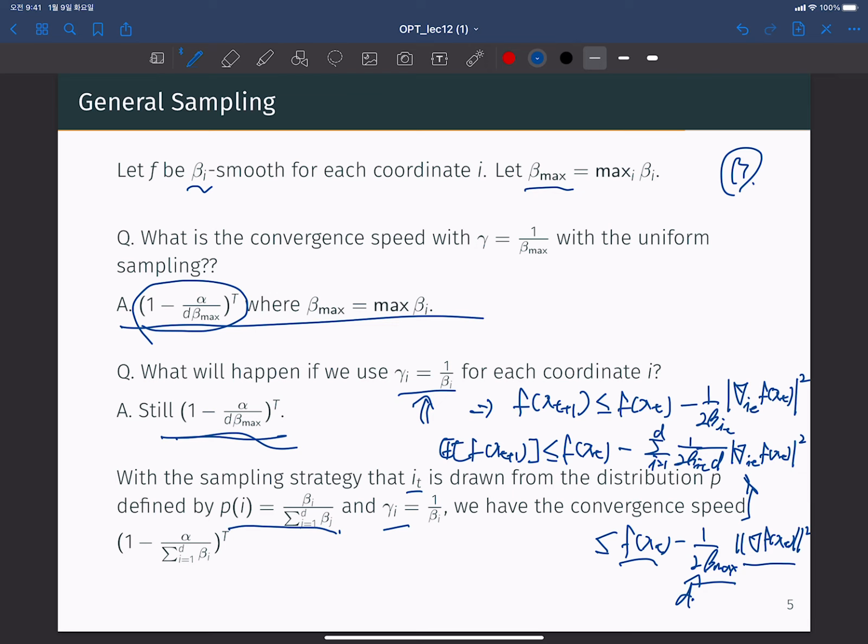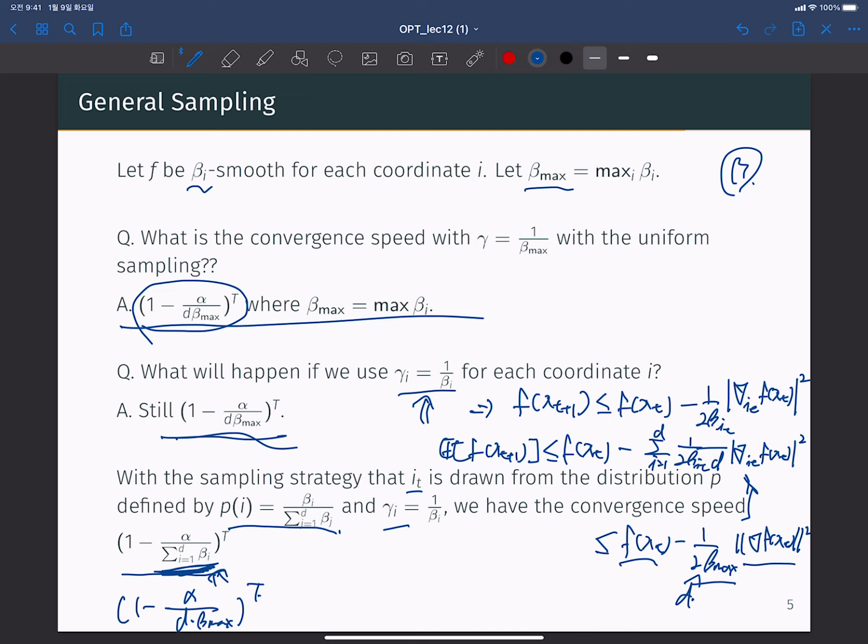We have the convergence speed 1 minus alpha over the summation of beta i, to the power of t. So we improve the convergence speed from 1 minus alpha over d times beta max to 1 minus alpha over the summation of beta i.